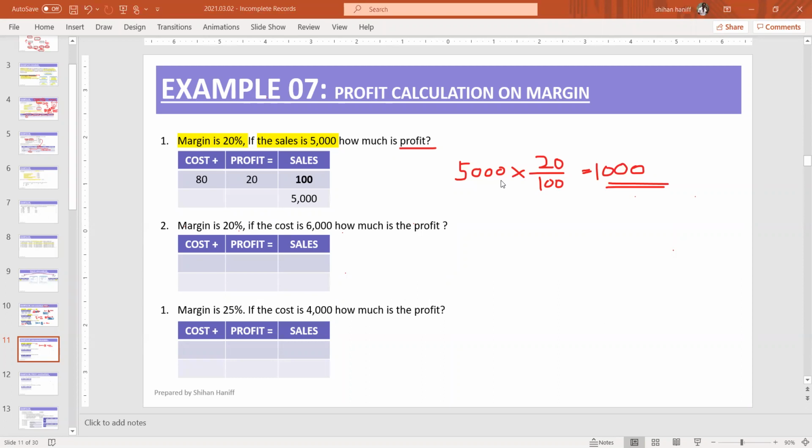Right. Very good. So sales is equal to 100.